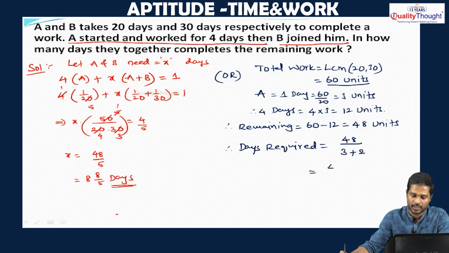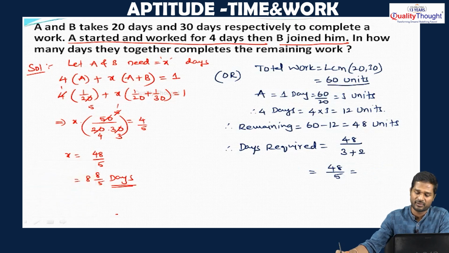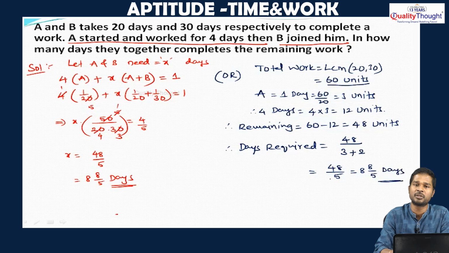So 48 by 5 days. That means the remaining work will be done by both A and B together in 48 by 5 days. See, we have used two methods here. One is the equation method: 4 days' work of A plus x days' work of both A and B together.